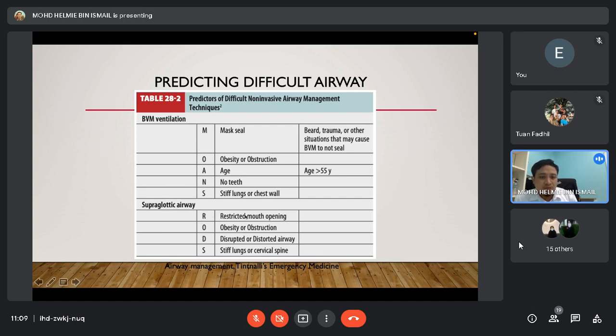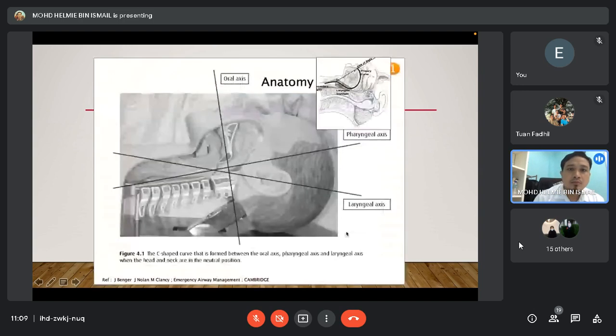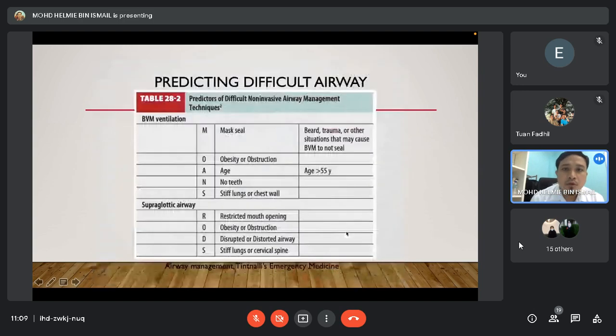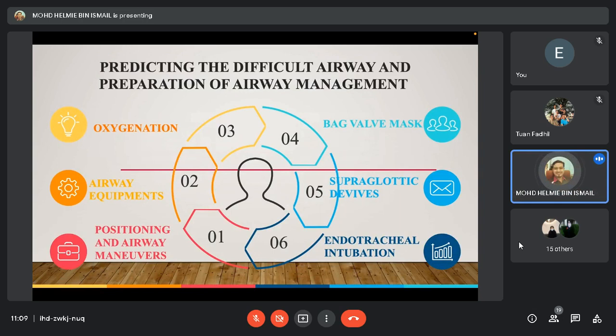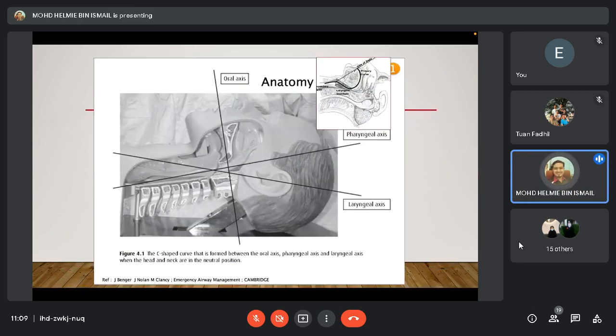We need to predict whether this patient will have difficulty with LMA insertion. Alright. And then how you position the patient yang perlu intubate, when the patient needs preparation for intubation.